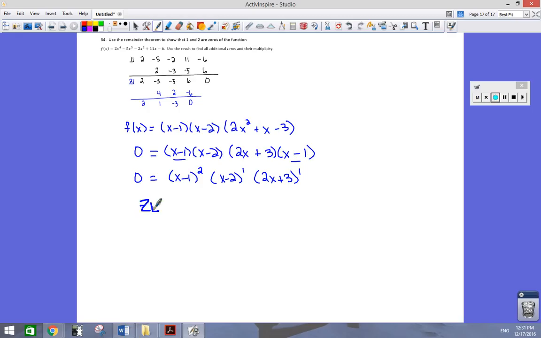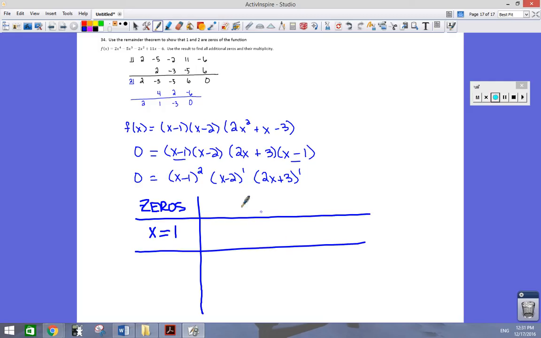So my zeros, or my x-intercepts, are 1, 2, and they gave me that. I didn't have to. And the one that I found was the negative 3 halves.